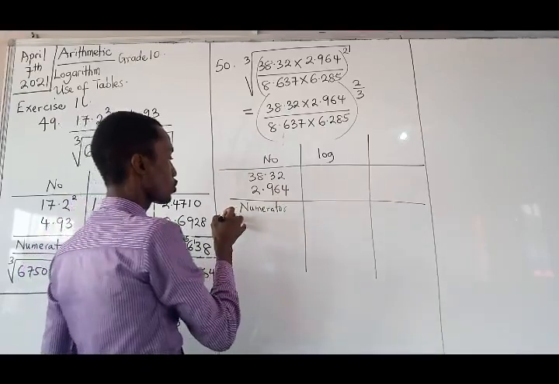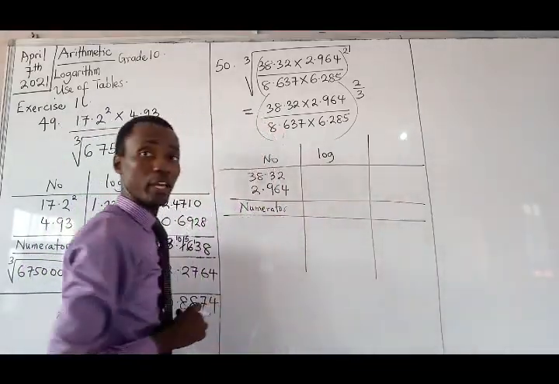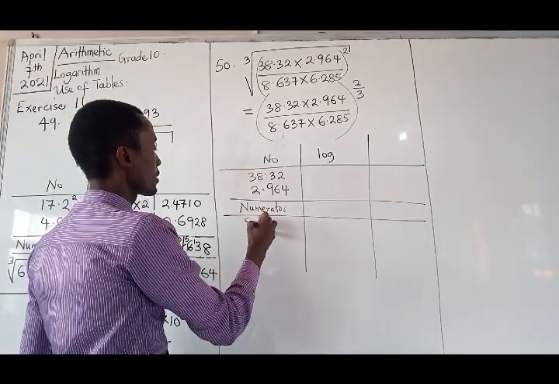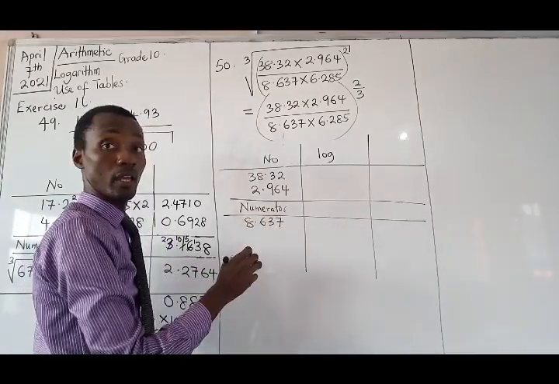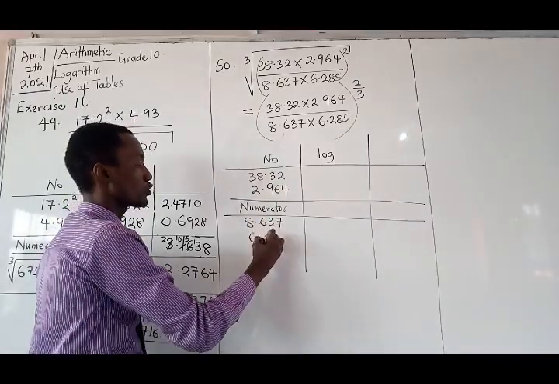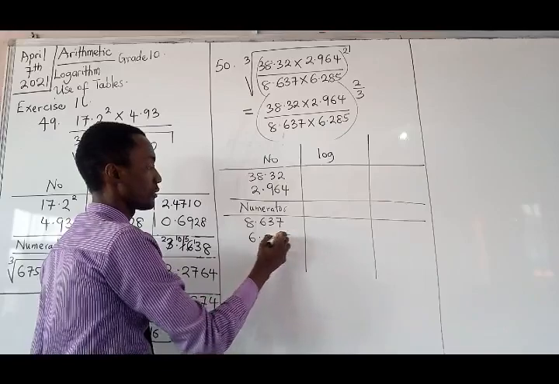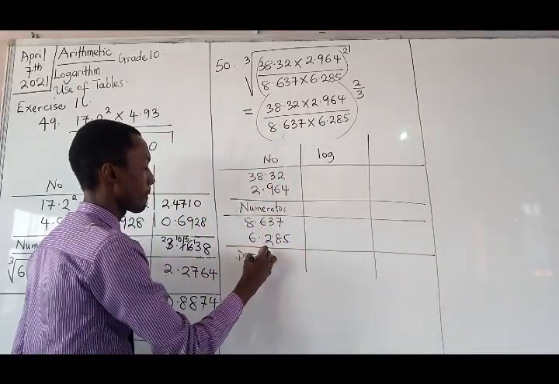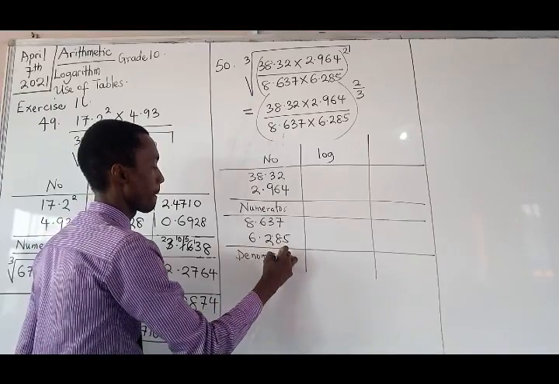And then the next thing I'll do, I'll take care of my denominator, which is 8.637 and also 6.285. And that will be my denominator.